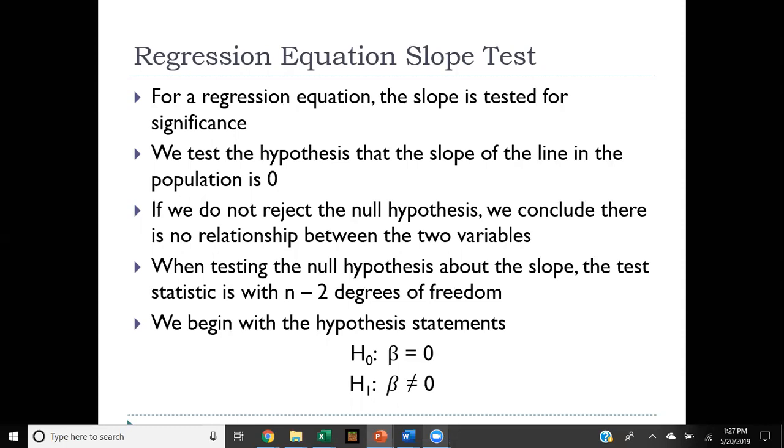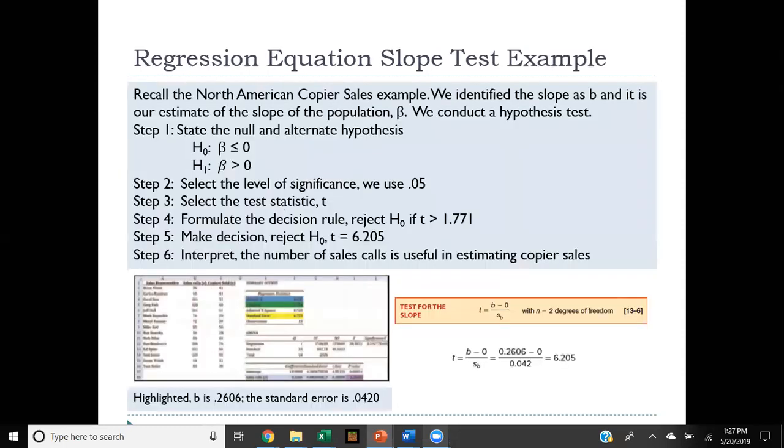But if b or beta is not equal to 0, then there actually is a relationship between the two. Now, the process is exact same as the process we've done in the past. The only difference is this.